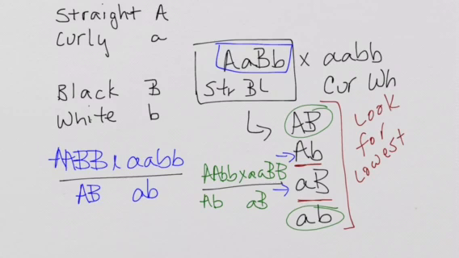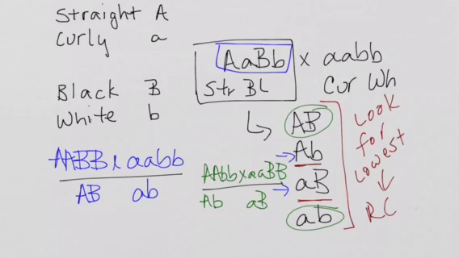Which ones occur in the smallest amounts? The ones in the smallest amounts will be the recombinant ones. I'm just going to put it right here, recombinant. The recombinant ones are always going to be the lower ones. The higher numbers are always going to be the parental ones. That is really the easiest way to determine which offspring are the recombinants.